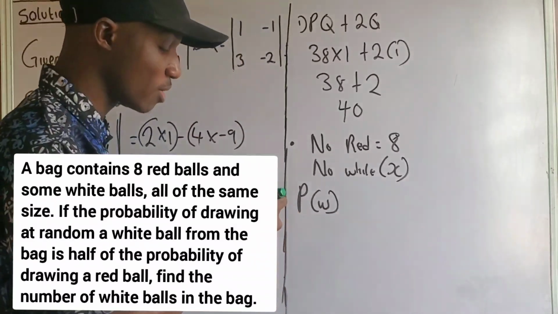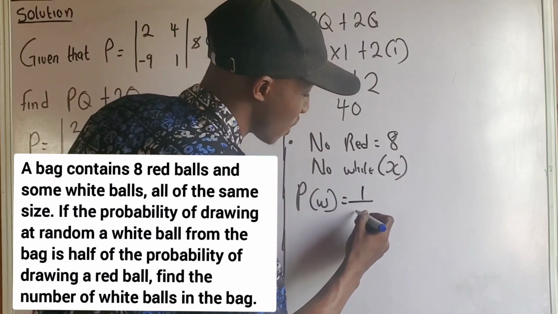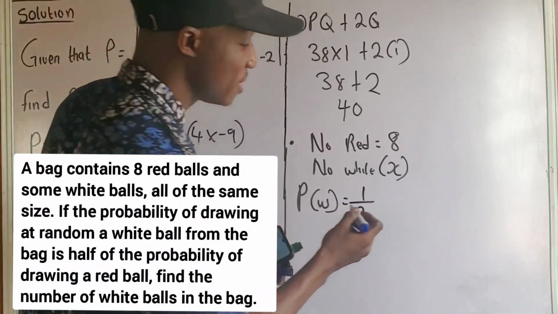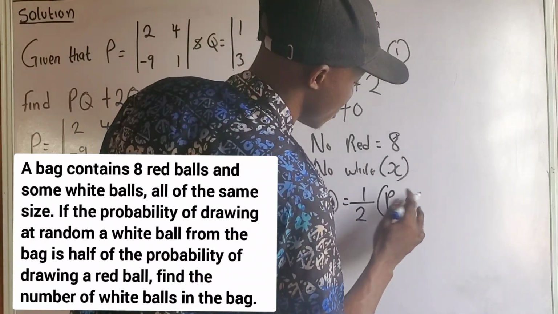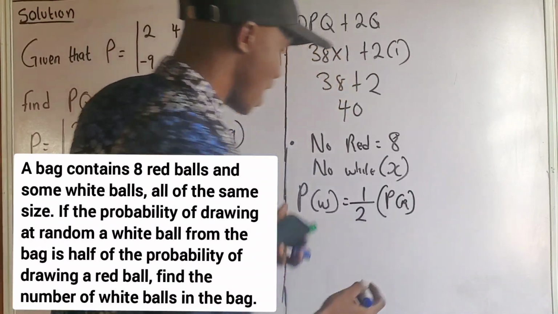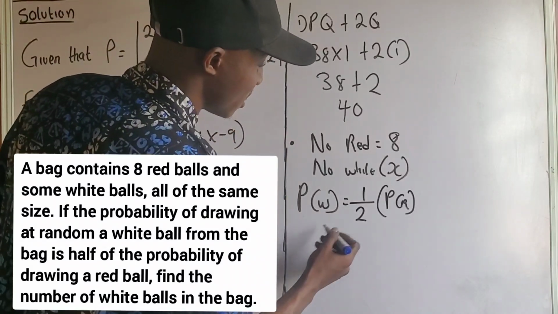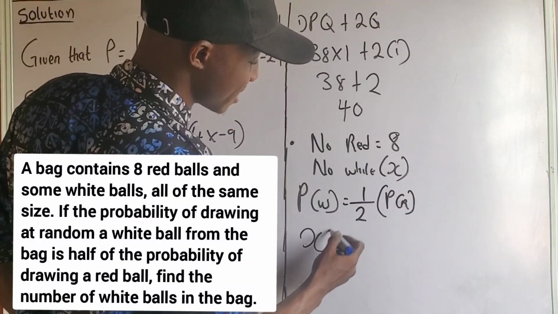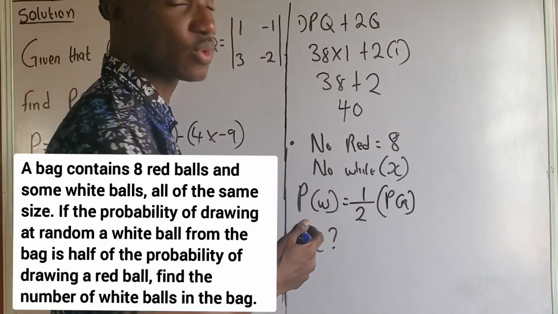Probability of drawing a white ball from the bag equals half, which is 1 over 2, of the probability of drawing a red ball from the bag. We are asked to calculate the number of white balls, so we are looking for x. Since we've already represented the number of white balls as x, we are looking for the value of x.